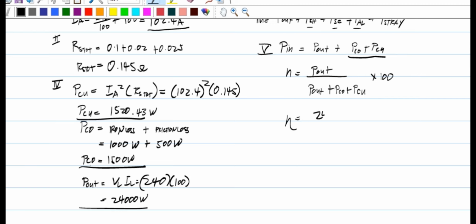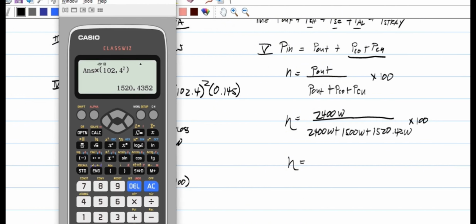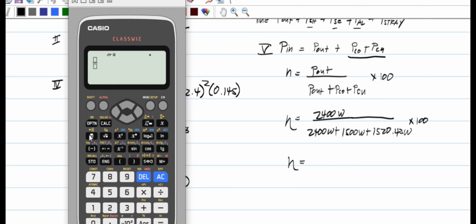You have 24,000 watts over 24,000 watts plus 1500 watts plus 1520.43, times 100.